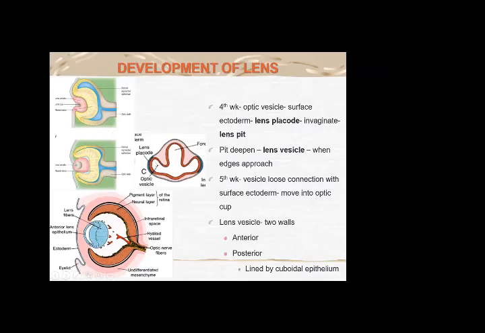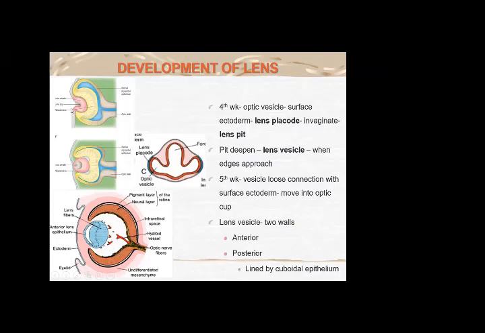ऑप्टिक वेसिकल भी इन्वेजिनेट किया, डबल लेयर्ड कप बना. अब ये फोरब्रेन की एक्सटेंशन है ऑप्टिक वेसिकल. जबकि लेंस जो है, ये थिकनिंग जो थी, ये थिकनिंग इन्वेजिनेट की, अंदर की तरफ टर्न करके.